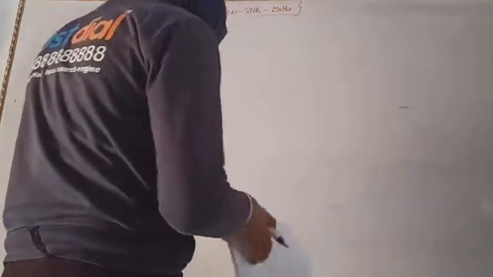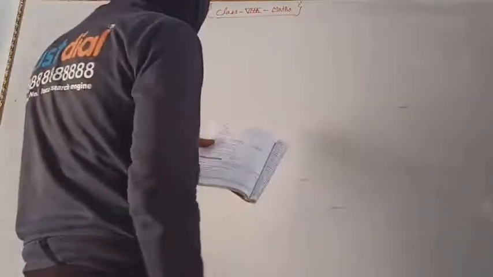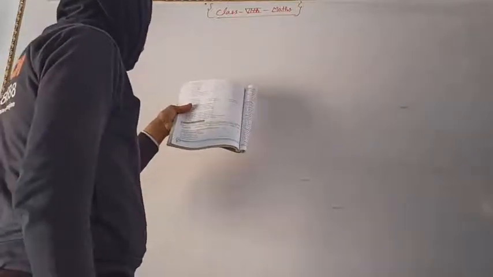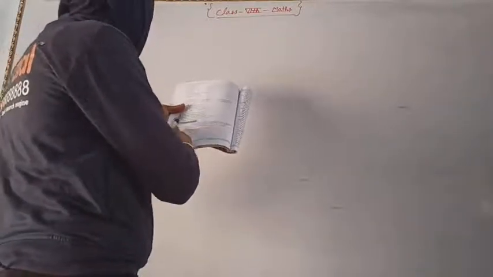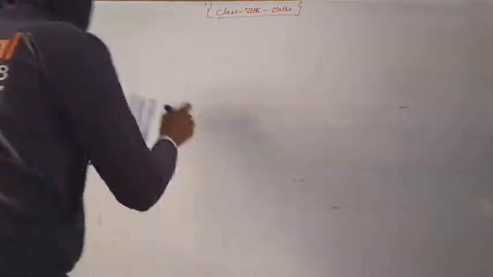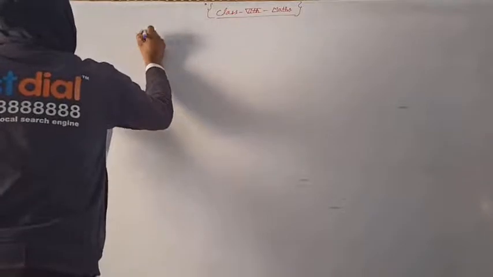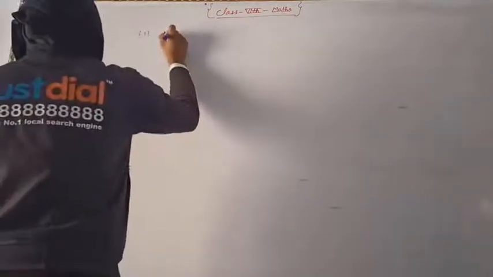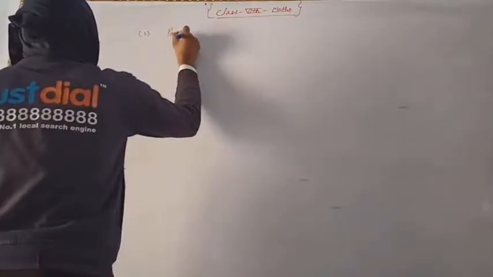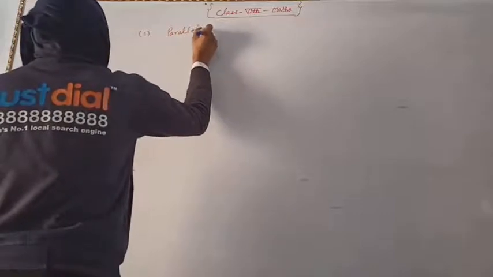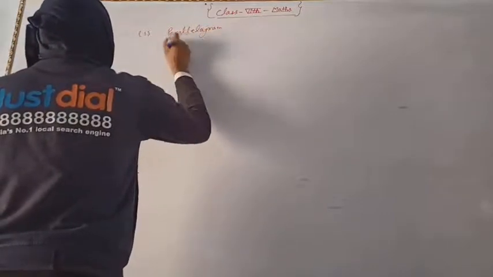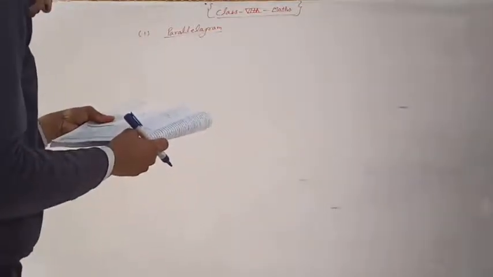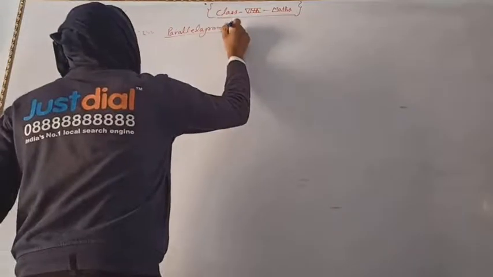Okay. So first of all, you see in your book that the first quadrilateral given is the parallelogram. So what is a parallelogram? We have to know in brief.